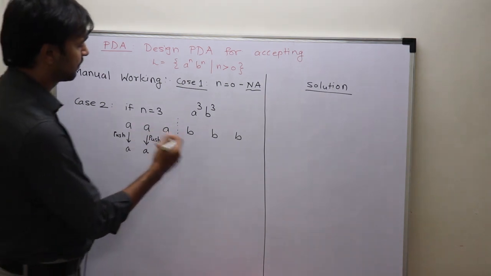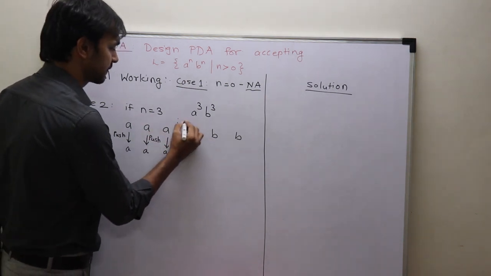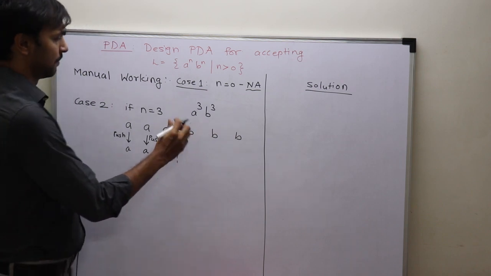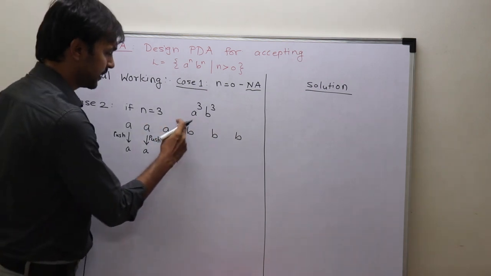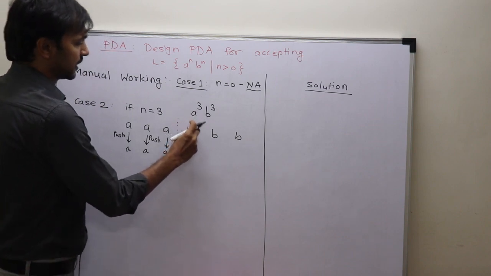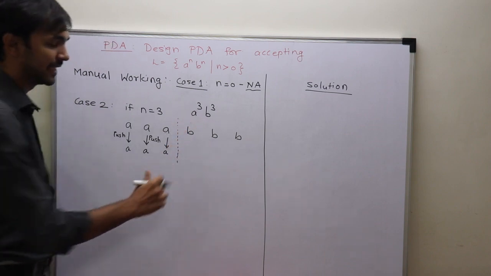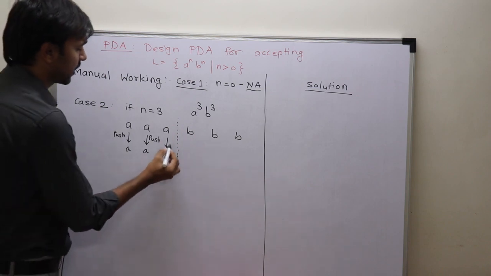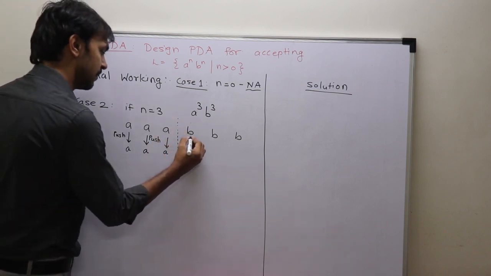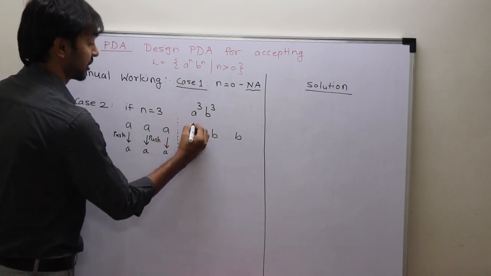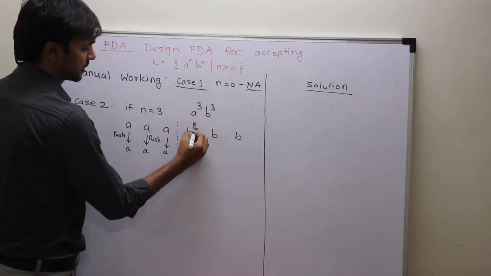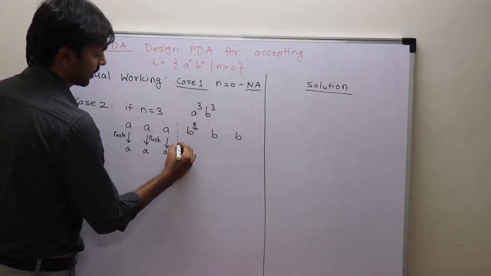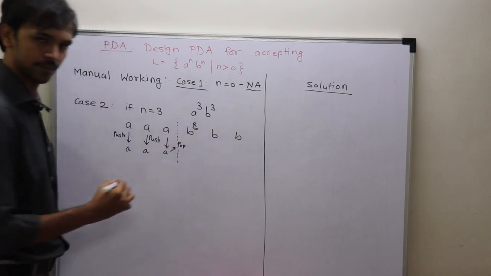Now by the time we try to read this first B, the machine does something very unique. The moment the machine reads the first B, it is indicated by popping out an A. So this B is just read, and to indicate that this B is read, this A is popped out of the stack.